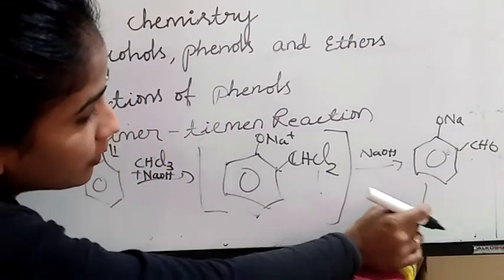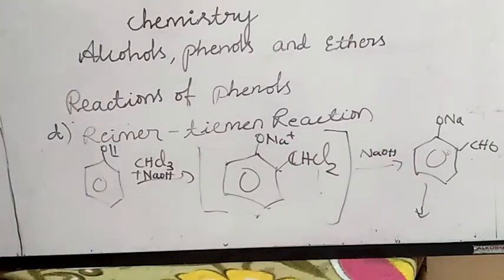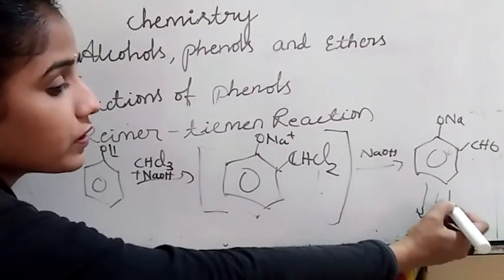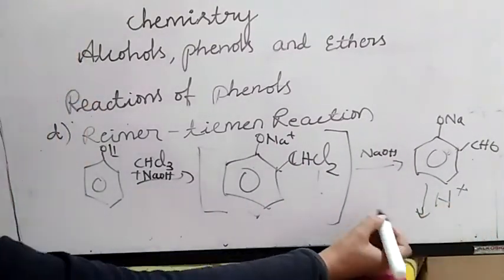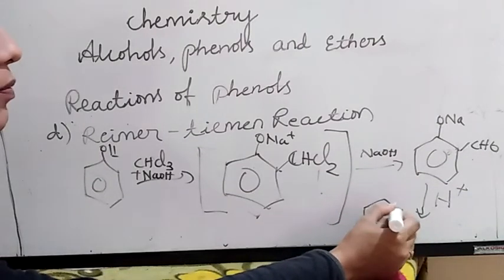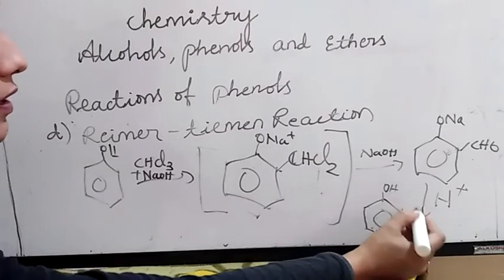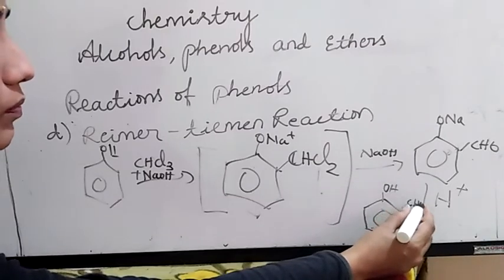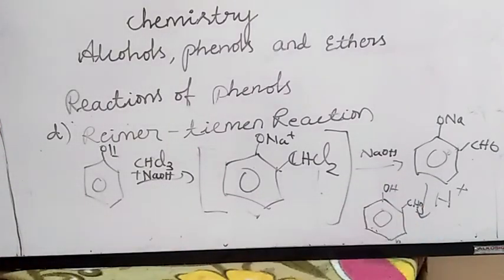Later, when treated with H plus ions, we are going to get salicylaldehyde. Means same as salicylic acid, but in place of COOH group, aldehyde group is there. CHO. This is salicylaldehyde.